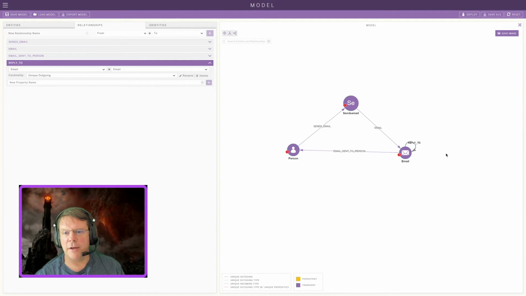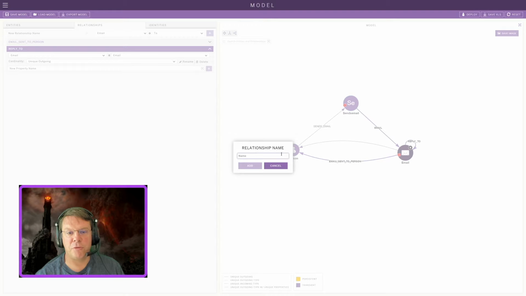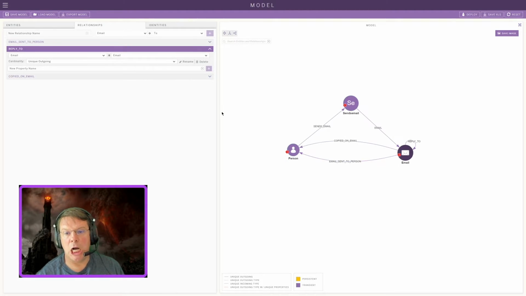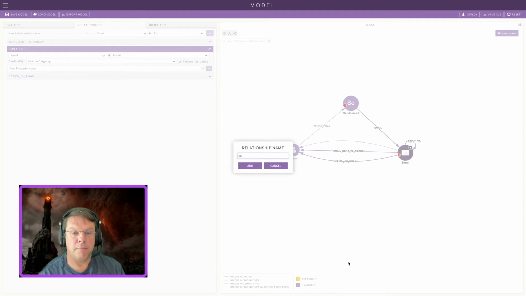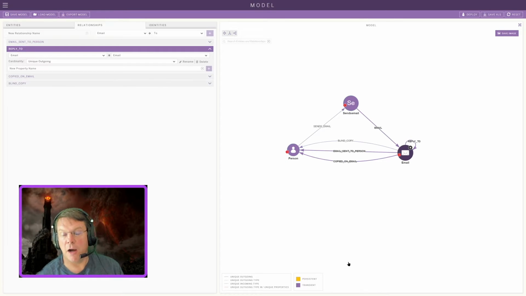And of course, we can start to make some additional relationships here if we wanted to. We could be more granular and say that maybe the person was copied on an email, right? Versus being directed to the subject of the email, or of course, depending on what email client you're using, maybe I did a blind copy of the email to a person.